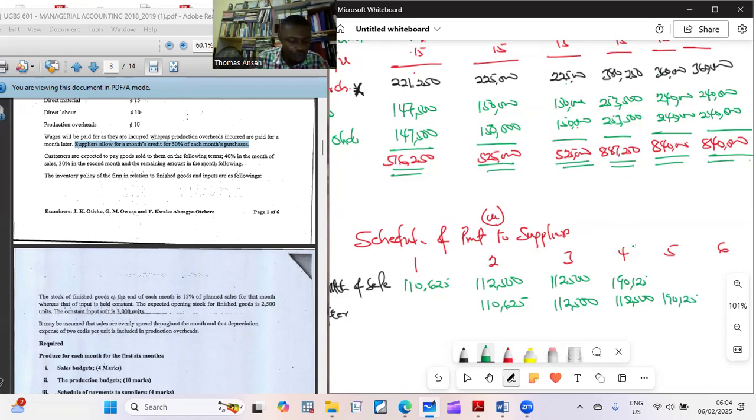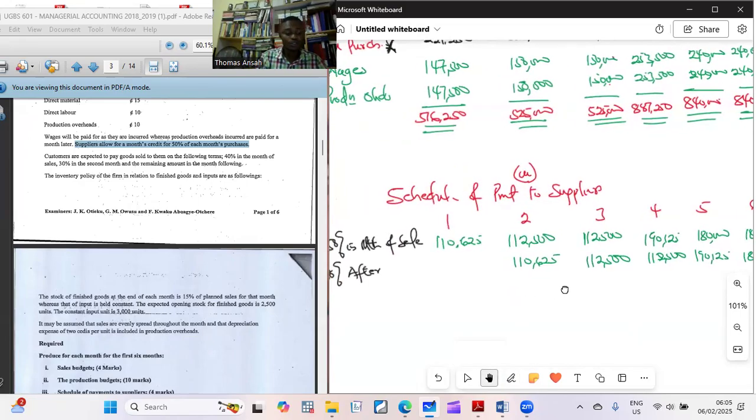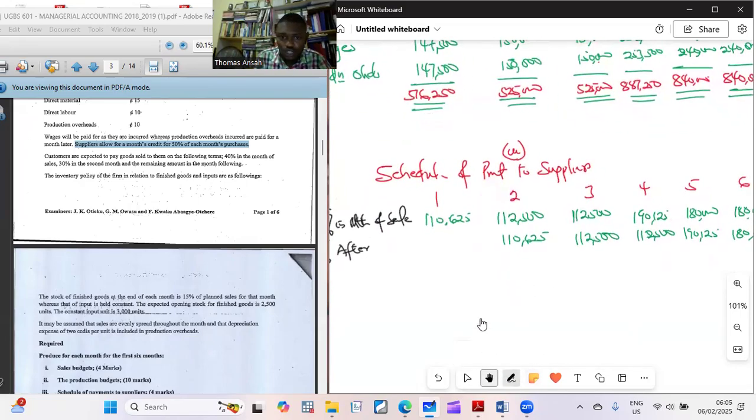Then 360 was 180. So here will be 180. Then remaining 50%, 180. We don't do the 7th month because we are not interested in that. So basically, this is what you do, and you get your payments scheduled.